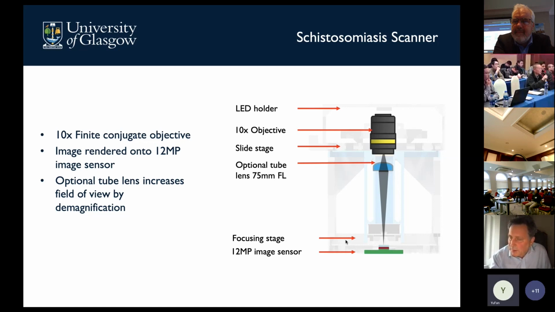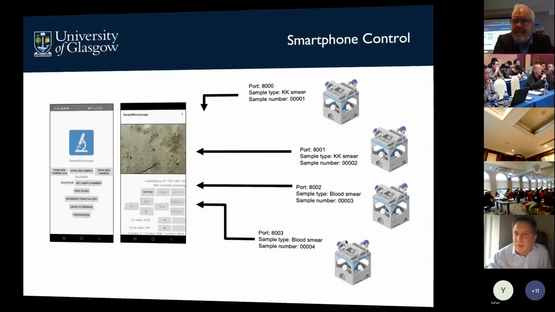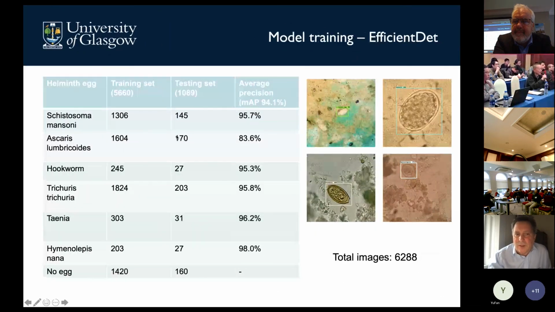No, there are two sets of data that we have. There's a training set of about 6,000 images, and then a testing set of about 1,000 images, which we've taken ourselves. Okay, understood. Thank you.